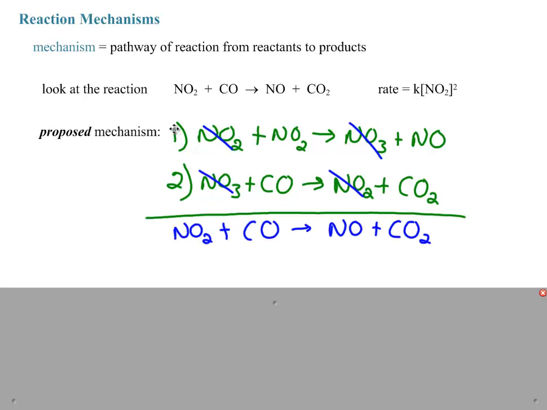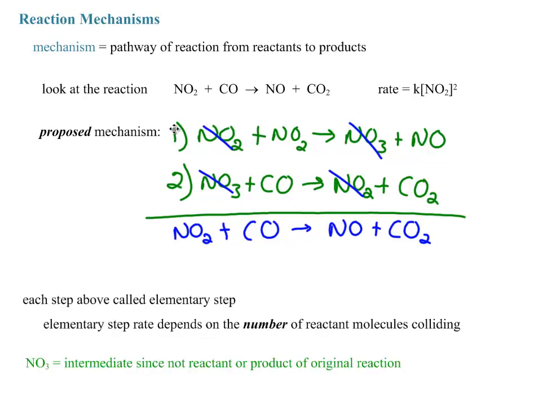It turns out when we're doing mechanisms, we have a couple of things to consider. Each of the steps above that we wrote out in green is called an elementary step. The elementary steps, again, are proposed. They're theoretical. The elementary step rate depends on the reactants and the coefficients of the reactants. So if we were to write a rate law for each elementary step, it would look like this.